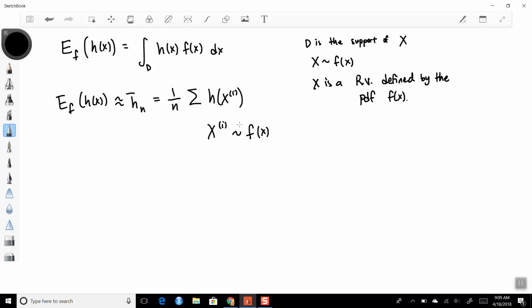This worked for the uniform case because the uniform density was just a constant.